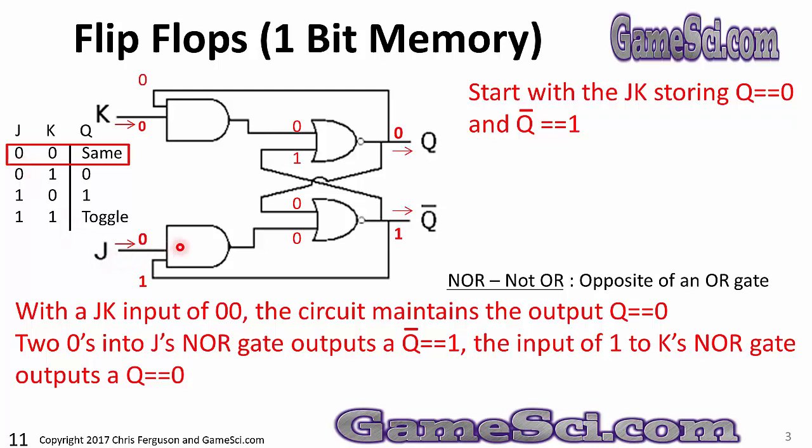A 0 into this AND gate will output a 0. A 0 from here would put 2 zeros on this OR gate. 2 zeros on this OR gate is a 0, which means not 0 is a 1, and a 1 will be output as Q naught. If that 1 gets fed back into this OR gate, that produces a 1 for the OR gate, but a 0 for the not OR gate.